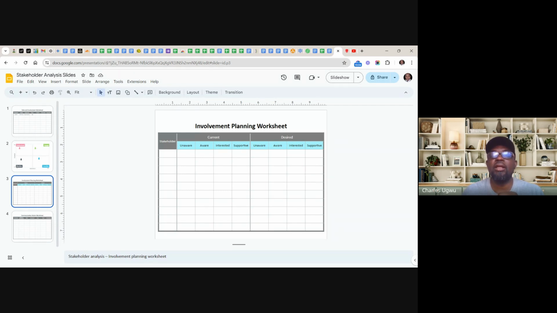Then, level of interest. Are you receiving the commensurate level of interest you wanted in this project from Mr. Charles? If yes, then you state it here. If you are not receiving the level of interest that Charles is supposed to demonstrate, for instance, yesterday you requested a meeting with me and your team, and I said okay, and throughout yesterday I didn't get back to you.